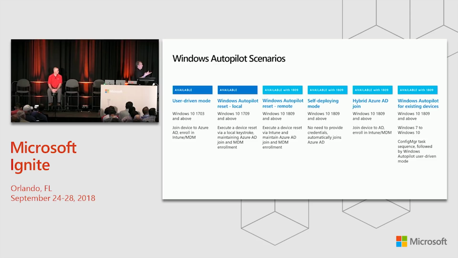So the machine boots up for the first time into Windows 10 and immediately displays the autopilot experience, asking you for your Azure AD credentials, going through the enrollment status page, fully configuring the device after joining it to AAD and enrolling it in MDM.